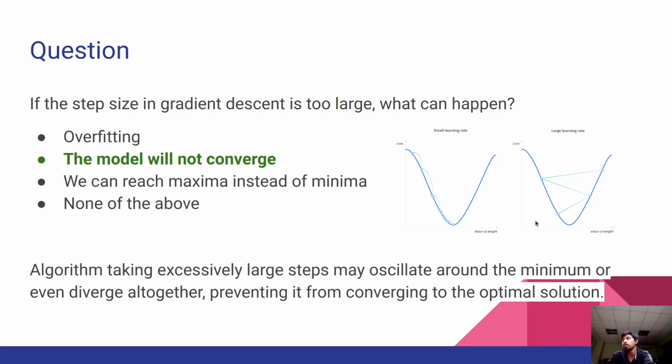The gradient is here, so we have to jump this side, but we are jumping way too much. If you jump way too much, what will happen? We will land on this side or that side. The main point is we will just cross the minima.